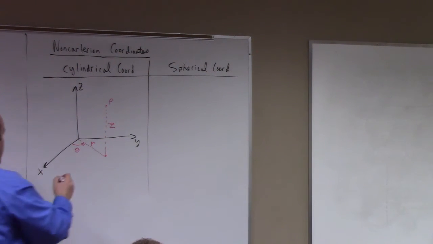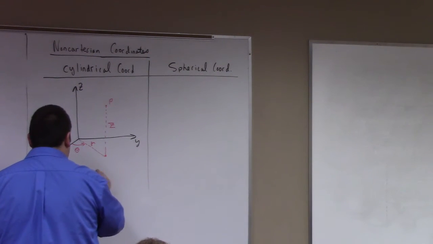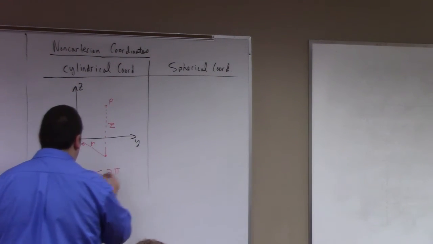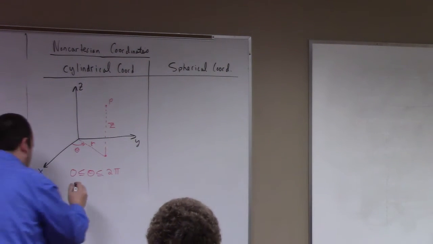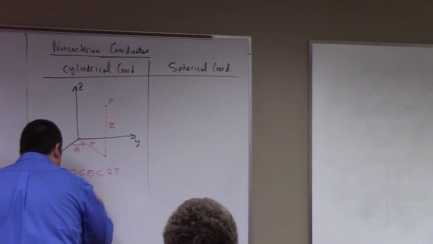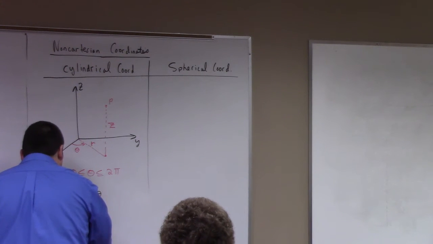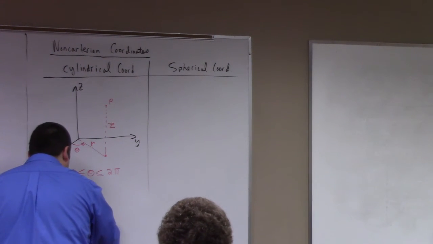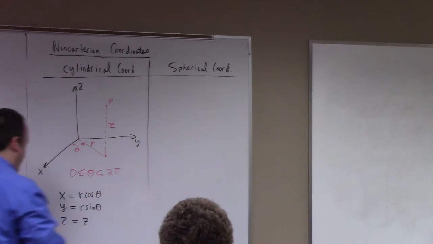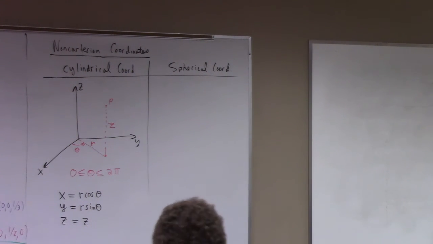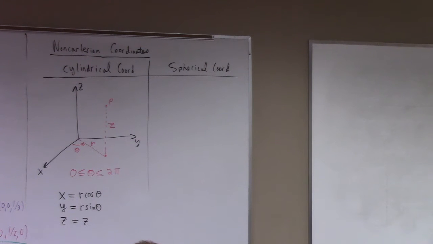So here, 0 is less than or equal to theta less than or equal to 2 pi. What are the formulas for x? And so like x is r cosine theta, y is r sine theta, and the formula for z is really complicated. There you go. So the cylindrical coordinates share one coordinate with the Cartesian coordinate system.